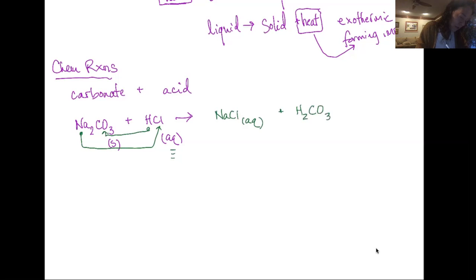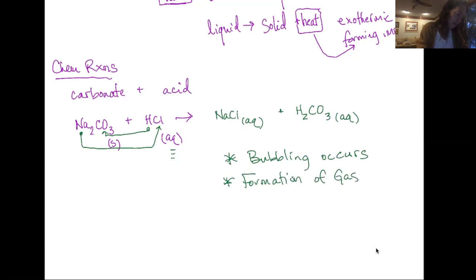Well, when this reaction occurs, I'm going to see bubbling. All right. And what that means is I've got the formation of a gas. And if you look at my products right now, neither one of them is a gas. So this chemical equation cannot be the end. This is not accurate. It's not fully accurate.